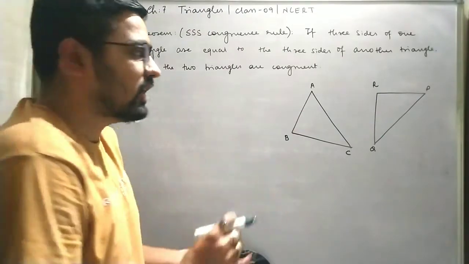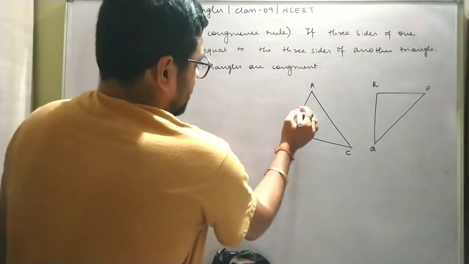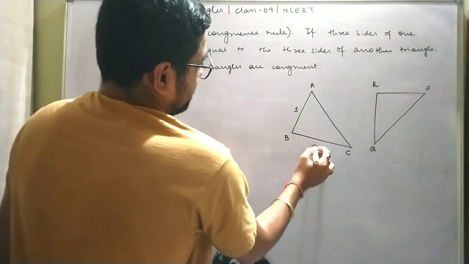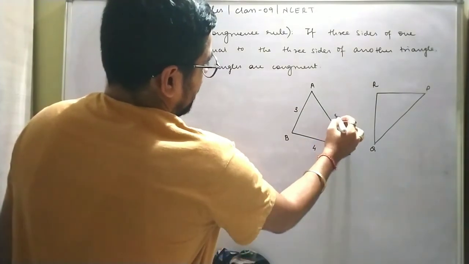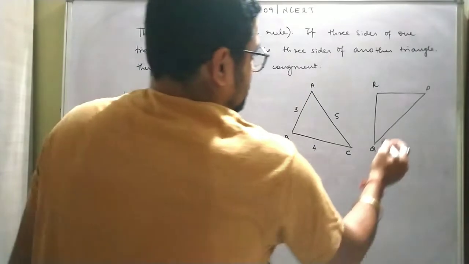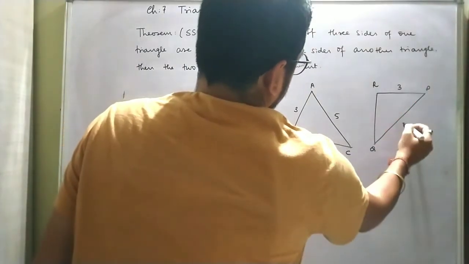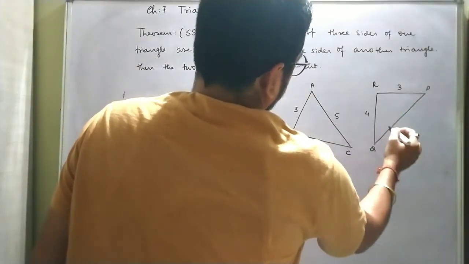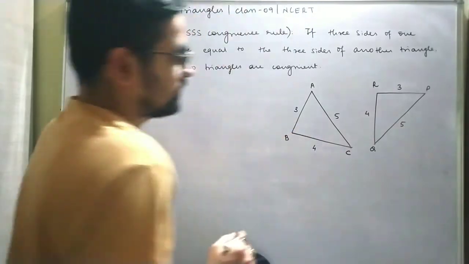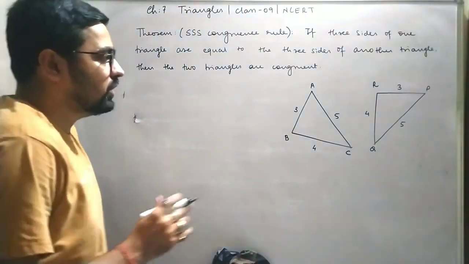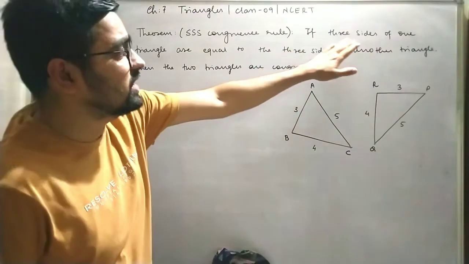We'll see and try to understand. So let me say this side is 3, this is 4, and this is 5. Same way 3, 4, and 5.